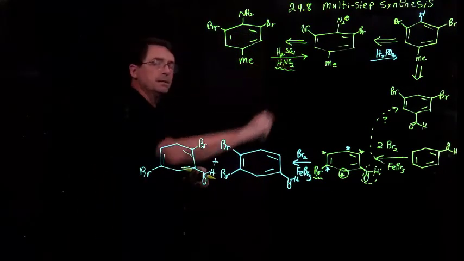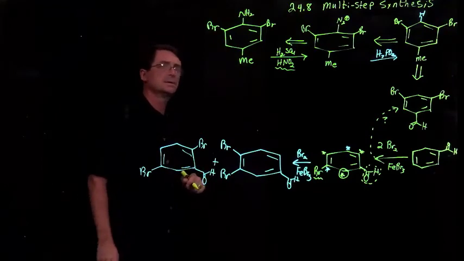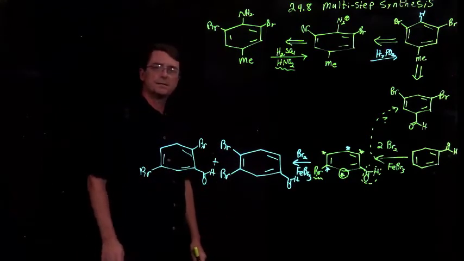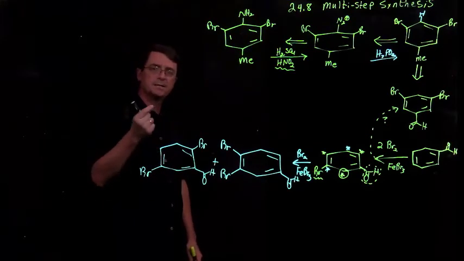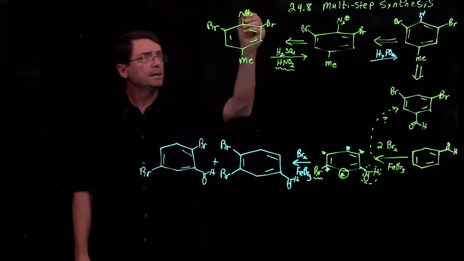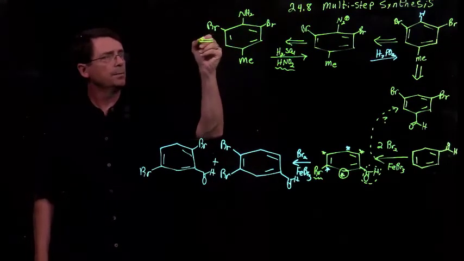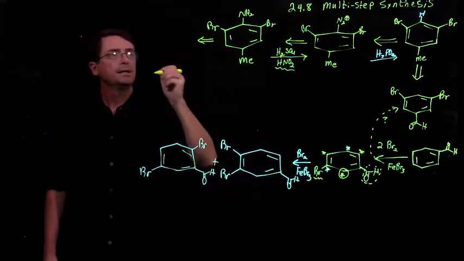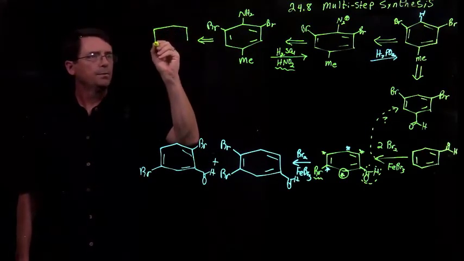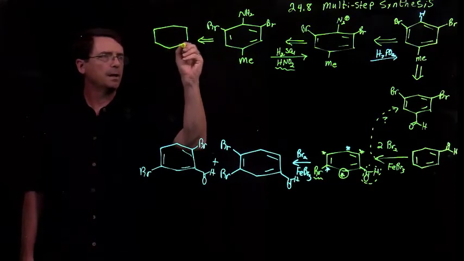You should look at the mechanism for diazotization. I'm not going to do it explicitly, but you should be able to work out that mechanism now on the basis of fundamental principles of acids and bases followed by electrophiles and nucleophiles. All right, at this point we know that the amino group, again we learned in this chapter, it's so activating that it puts on both bromines no matter what I try to do.